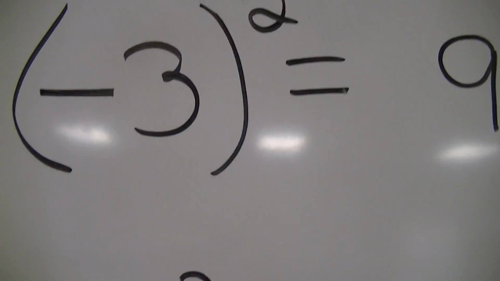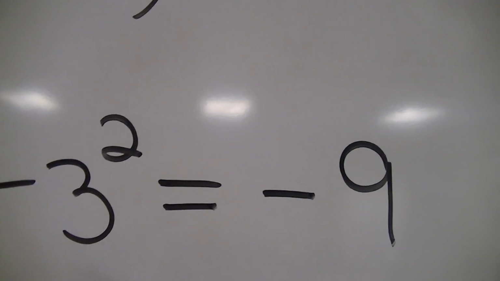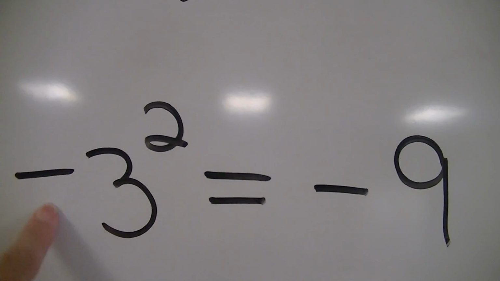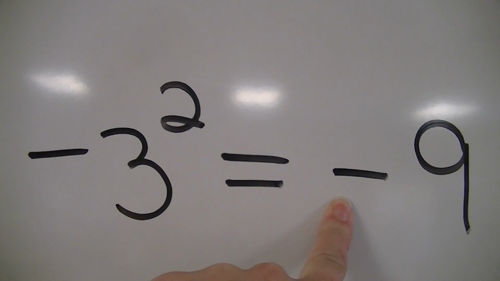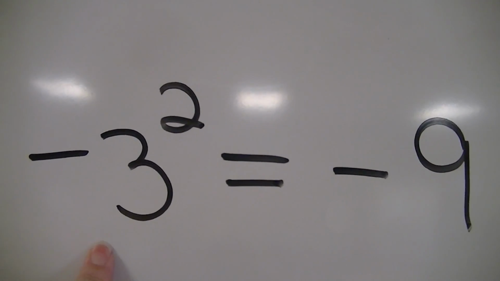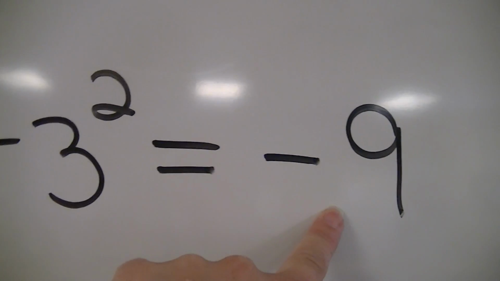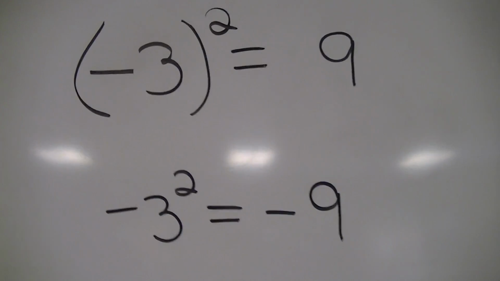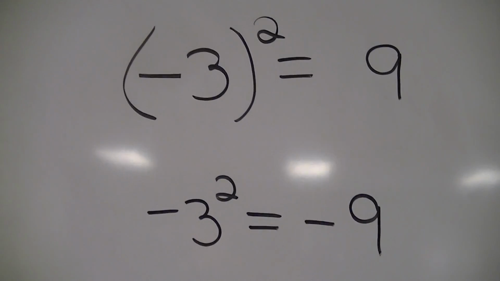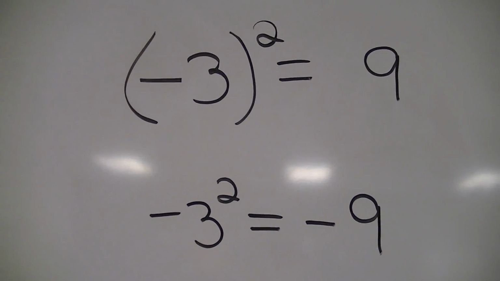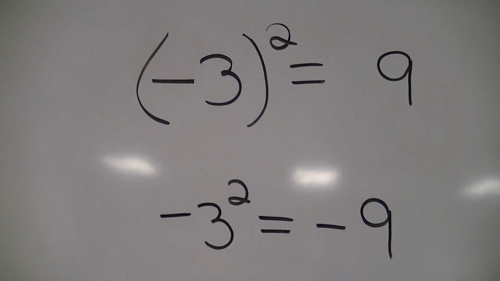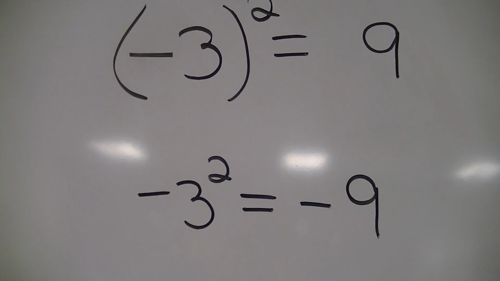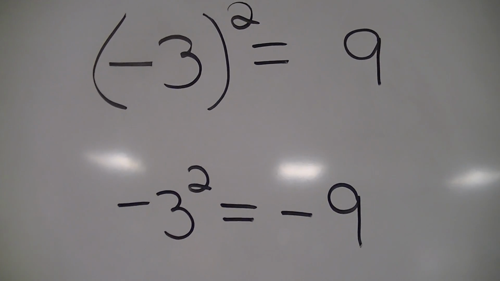If it's not inside the parentheses, just the 3 is getting squared. The negative sign stays out front. You're just squaring the 3 times 3, which gives us 9. So notice the difference. Inside of parentheses, outside of parentheses. If the negative sign is inside the parentheses, we're counting it like negative 3 times negative 3. If it's not in parentheses, it's just going with the 3.